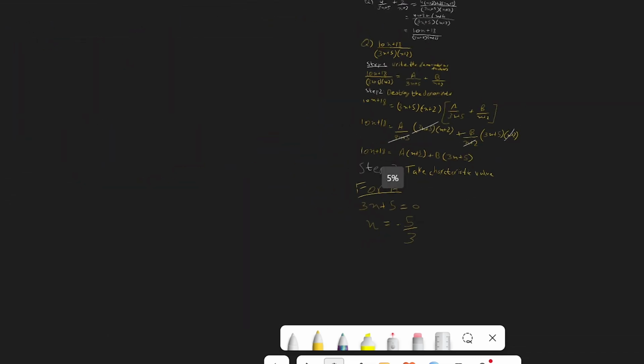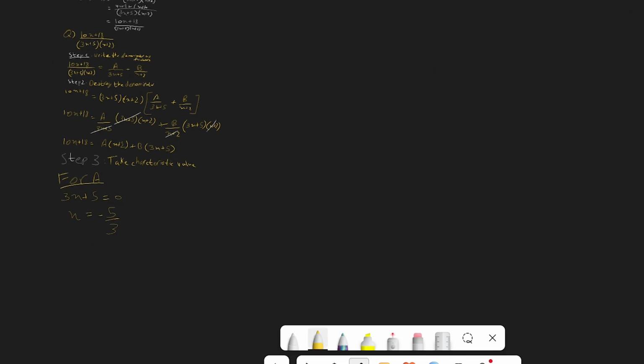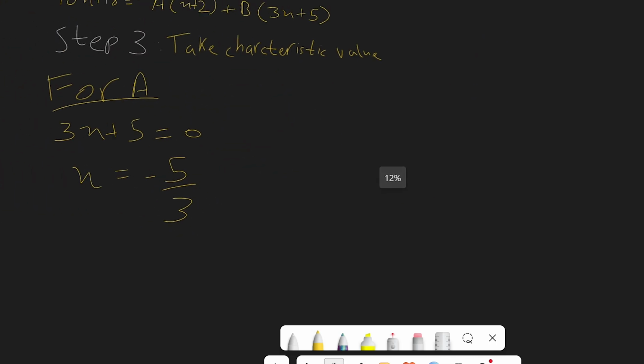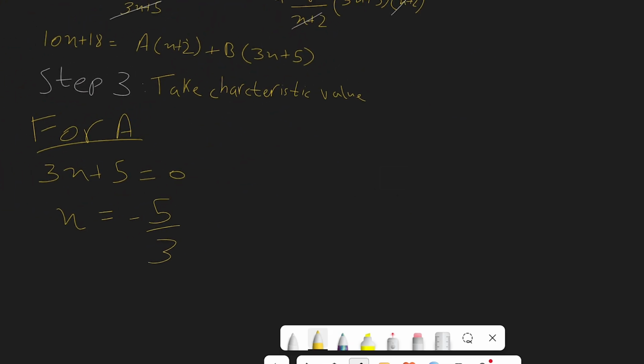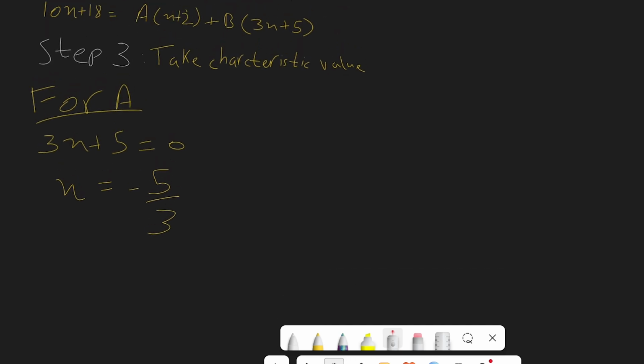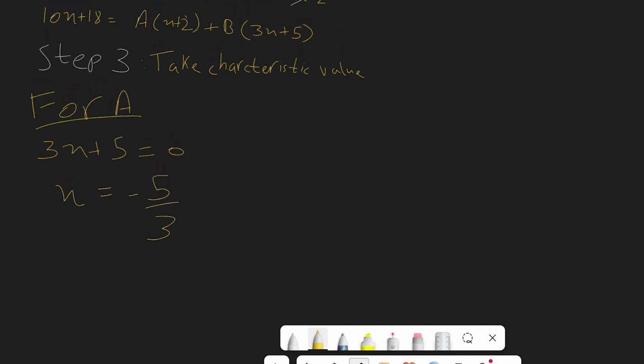So now what we will do is put this minus 5 over 3 in this equation over here. Let me just write it out again: 10x plus 18 is equal to a into x plus 2 plus b into 3x plus 5.